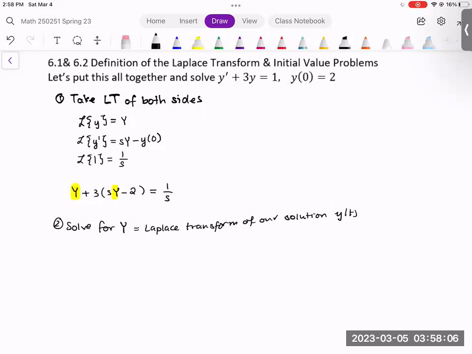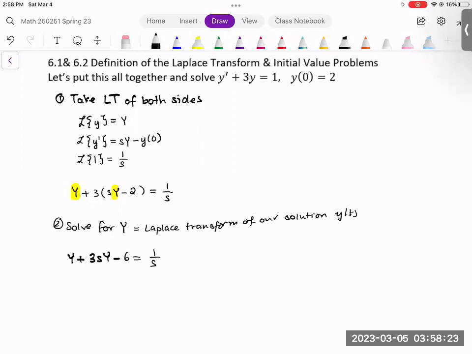We're going to start by distributing. So we have Y plus 3sY. Oops, that's hard to read. Let's try that again. Y plus 3sY minus 6 equals 1 over s.